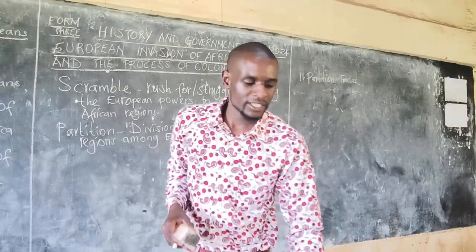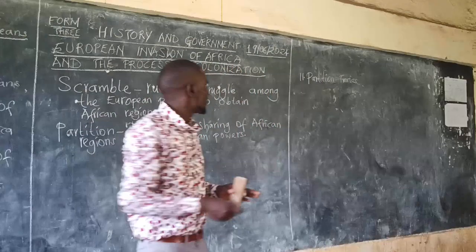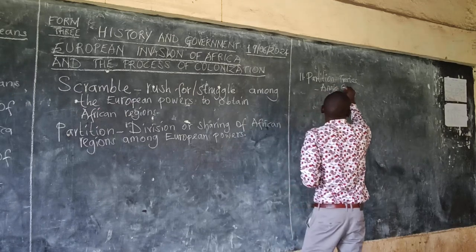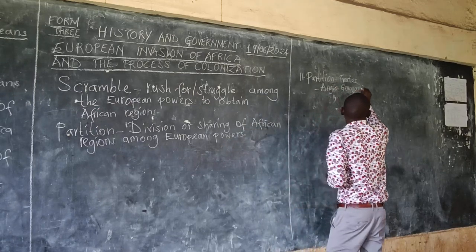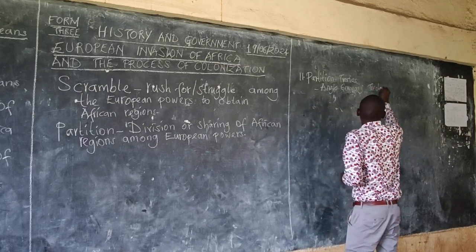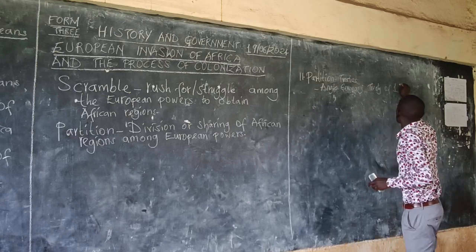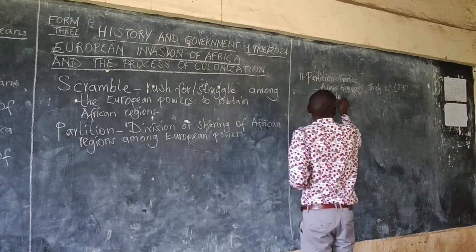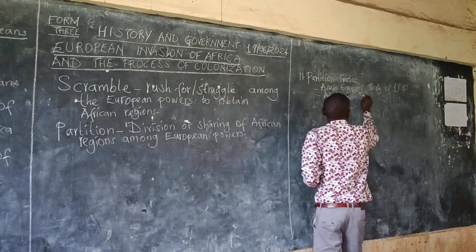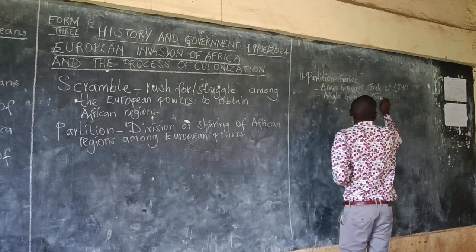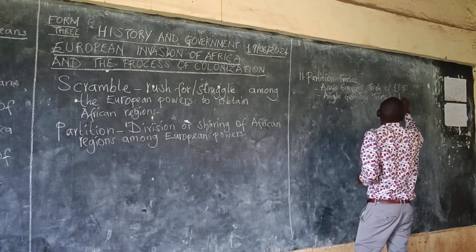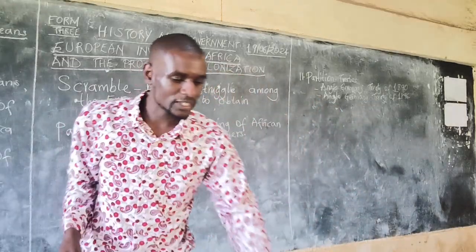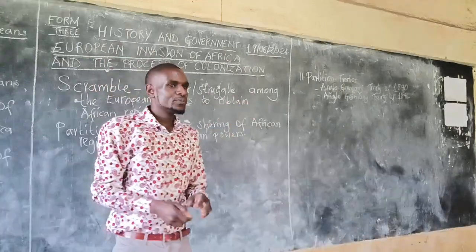Two examples of Partition treaties are the Anglo-German Treaty of 1890 and the Anglo-German Treaty of 1896. Those are the two examples of the Partition treaties that were signed amongst the Europeans.